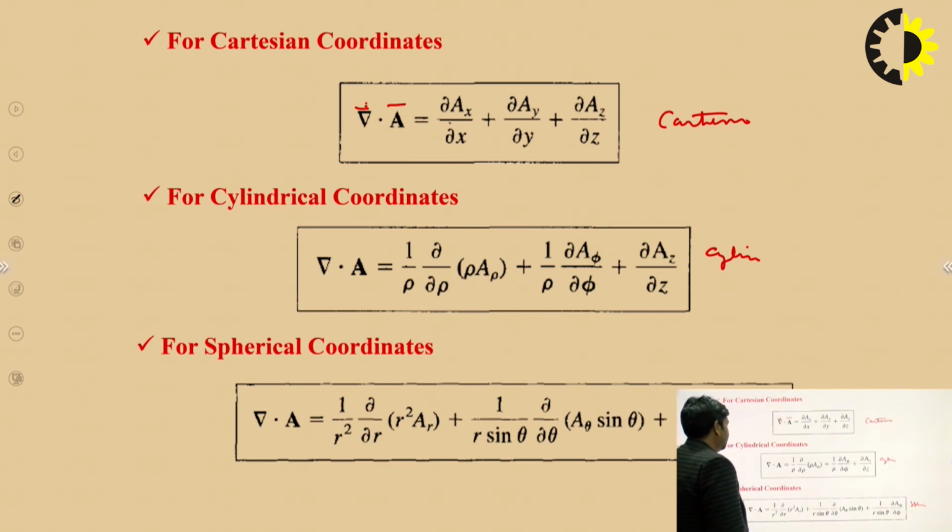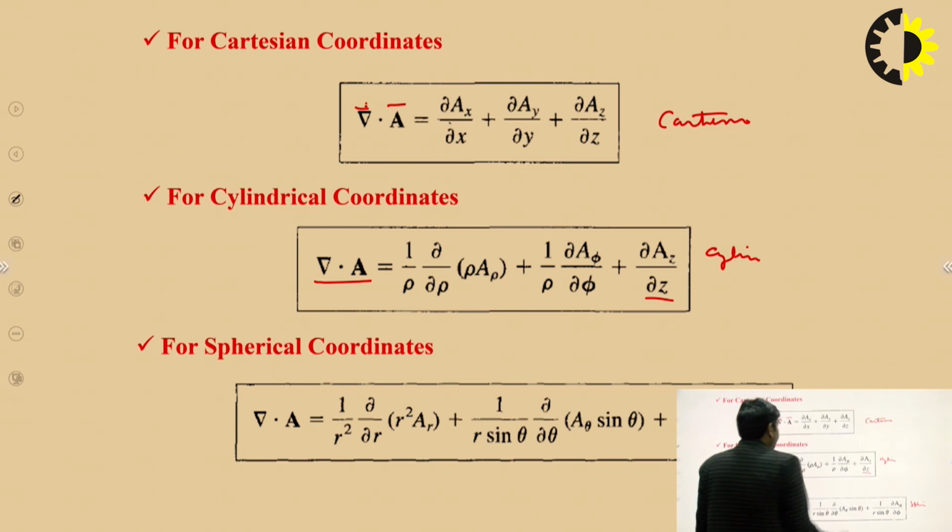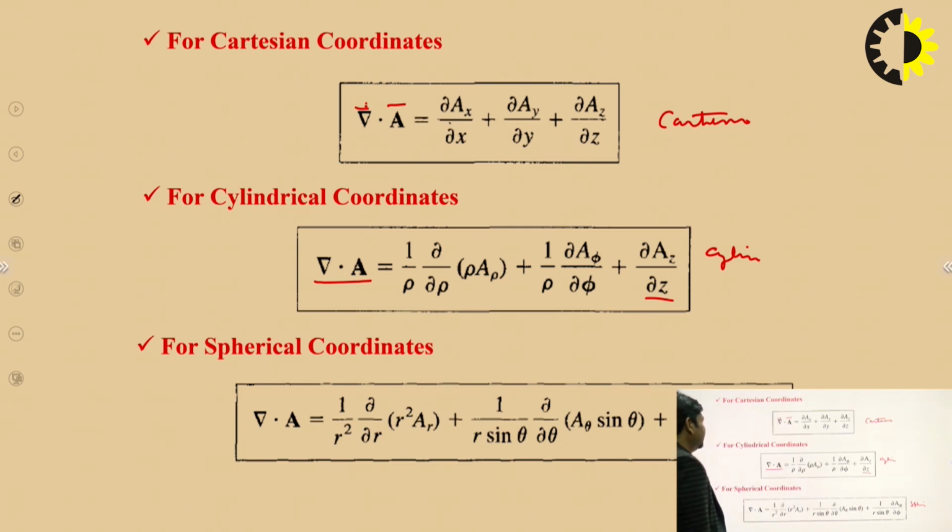But in the case of the cylindrical coordinate system, we calculate del dot A, which is equal to 1 by rho del over del rho of rho A rho, plus 1 by rho del A phi upon del phi, plus del Az upon del z. So we can easily calculate the divergence in cylindrical coordinates.